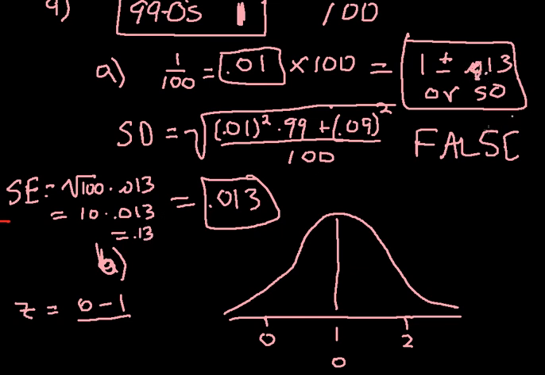So if you have minus 1 divided by 0.13, we're equal to minus 7.69.